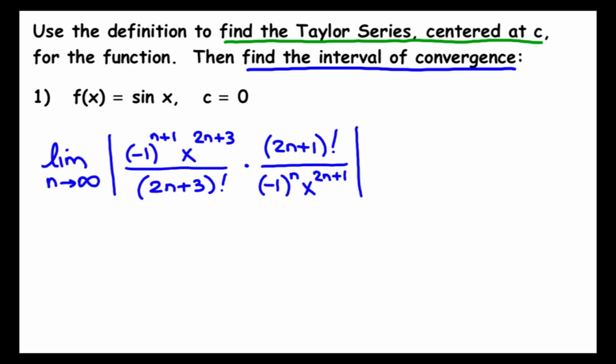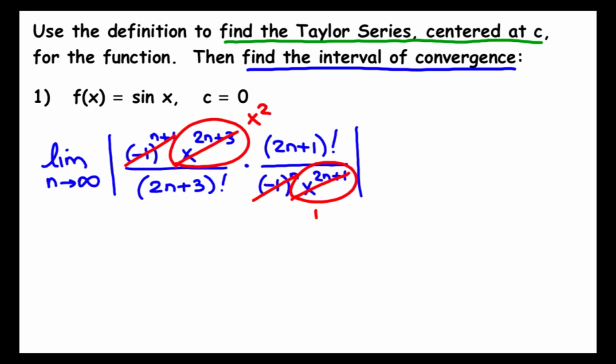All right, now I can cancel, of course. Like always, whenever you do ratio tests, the alternating component, the negative 1's, are going to cancel away, especially with the absolute value. Also, you can cancel the x to the powers. Since 2n plus 3 is always 2 larger than 2n plus 1, the denominator will be gone, it'll be a 1, and the numerator will simply be x squared, because again, there's 2 extra x's up there.